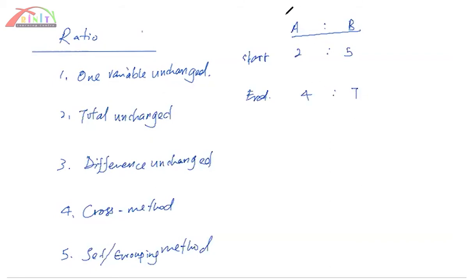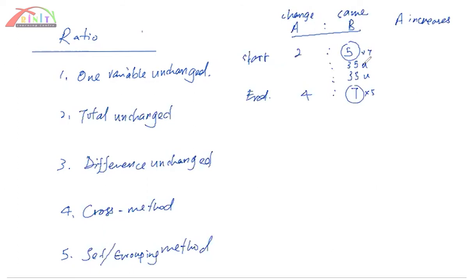So A increases, A changes and B remains the same. This means that 5 and 7 must be the same number. Therefore, you will multiply this by 7, multiply this by 5. As a result of this, both of them will become 35 units.